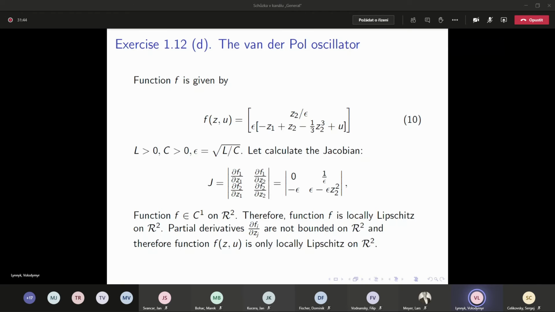You can find this in the appendix of the Khalil book, page number 348, and here function f is given by z1 dot equal to z2 divide by eta, and z2 dot equal to the next, where L and C are greater than 0, and this term is equal to the square root of L divided by C, and let's calculate the Jacobian.